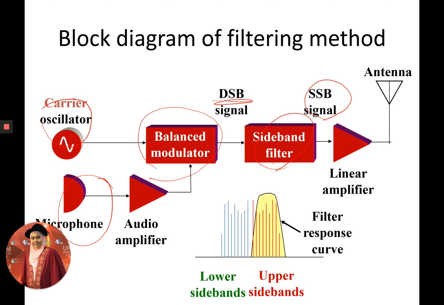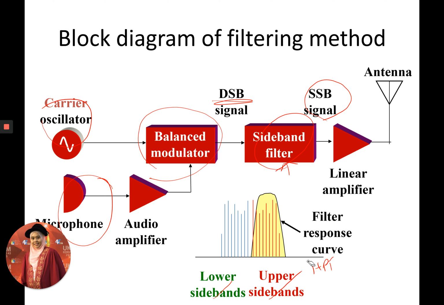In this sideband filter, we will choose which sideband we want to remove, so that it will be gone from the output signal at the end of the sideband filter. So if you want only the lower sideband on the output of your SSB signal, you need to tune your filter so that it can eliminate the upper sideband. So most probably you can use a high pass filter.